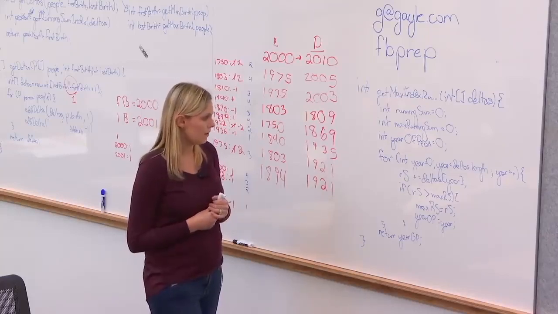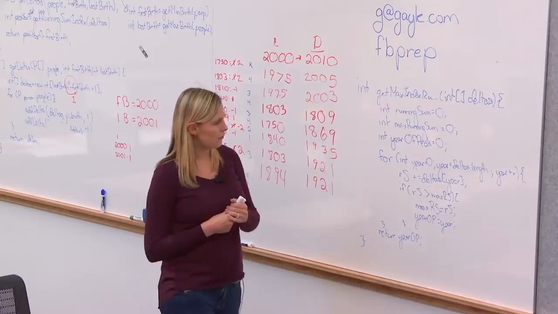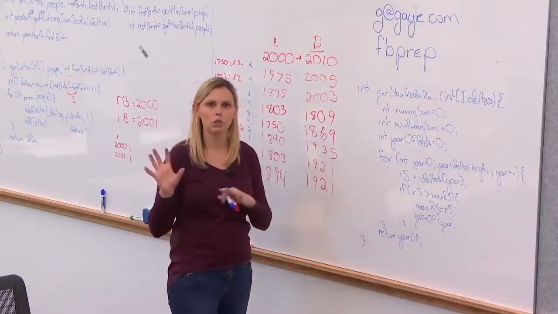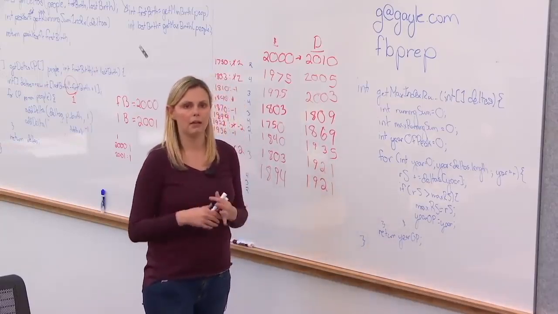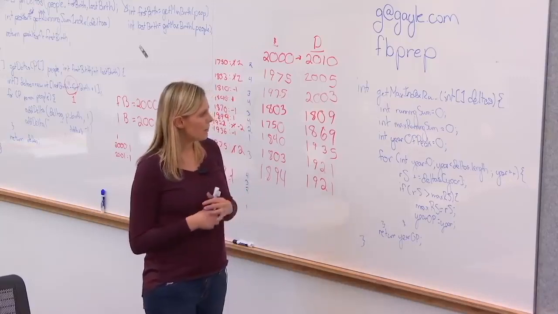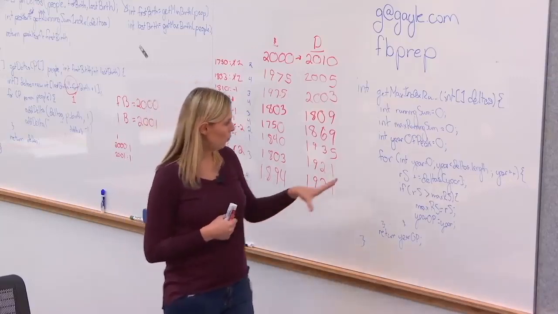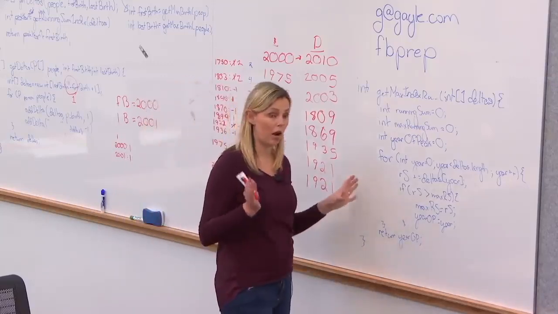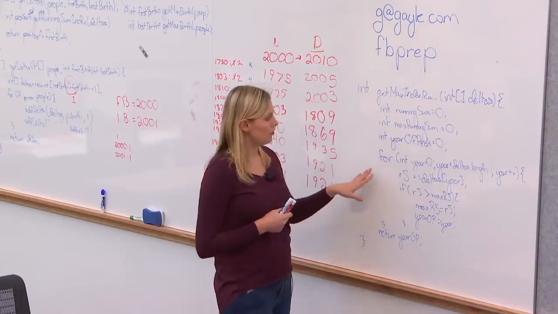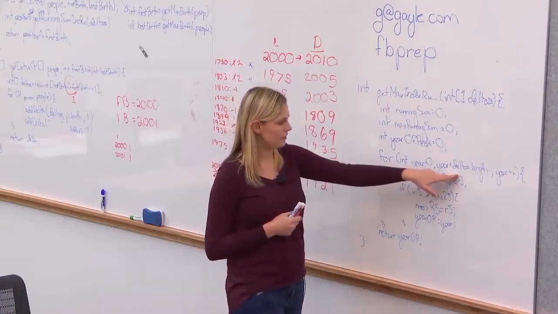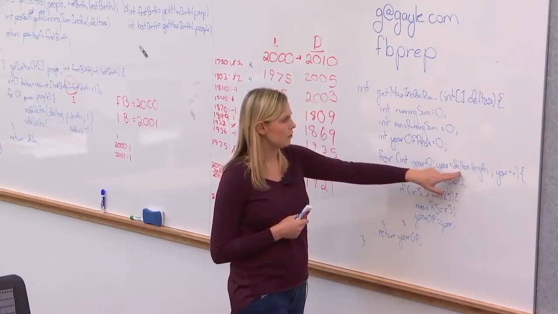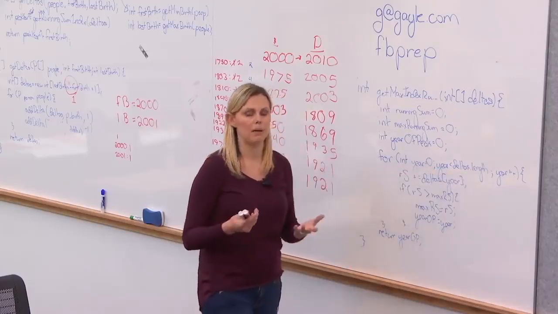And then one thing I want to check is, whenever I see loops that get the max or min, I want to make sure that it does the right thing if the loop never operates at all. If the loop never operates at all, that means deltas is 0, which means it could only happen if there were no people.